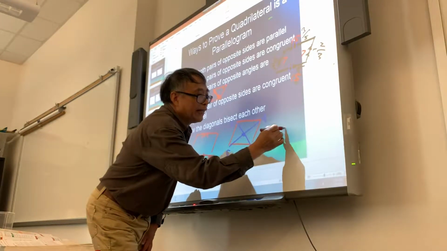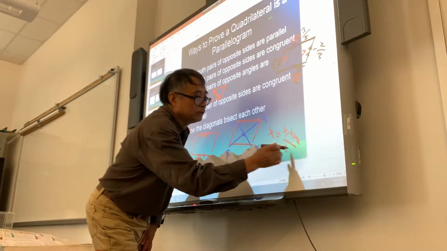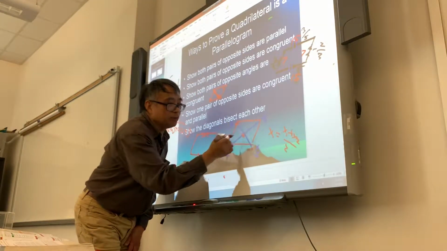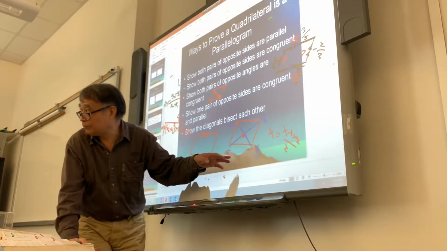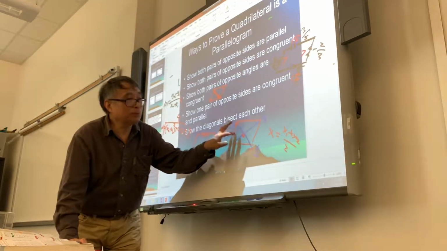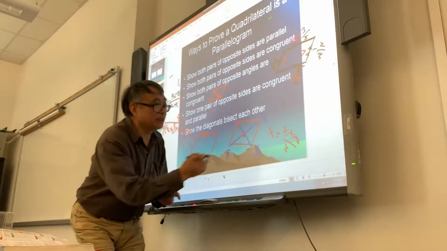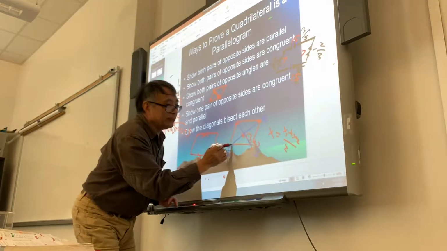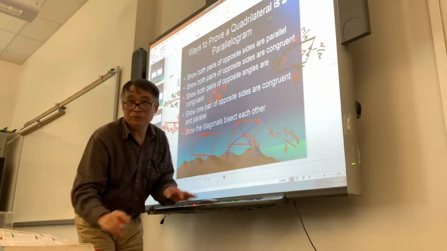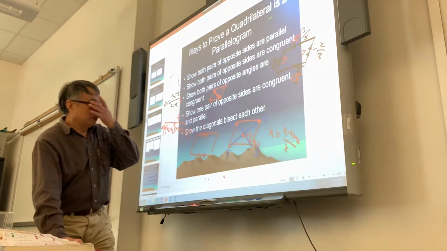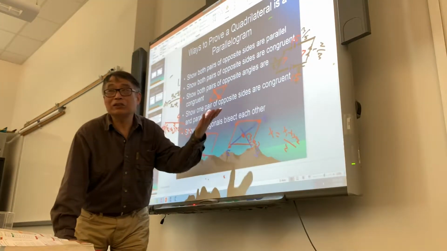X equals x of 1 plus x of 2 over 2, y equals similarly. You find this point, then use the other diagonal to find this point. If those 2 points are the same point, it's enough. For instance, you get this point is 3, 2. You use this diagonal and this point is also 3, 2. Do you understand, please? So this is bisect each other. Two diagonals bisect each other, it's enough.